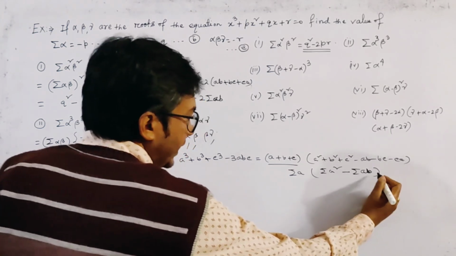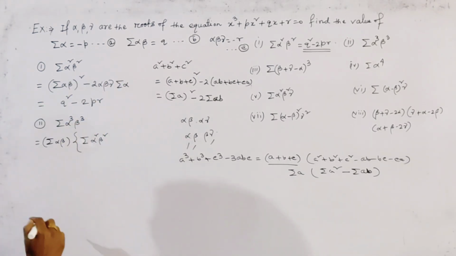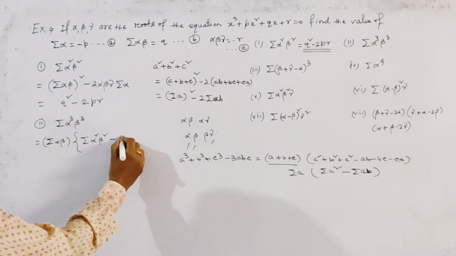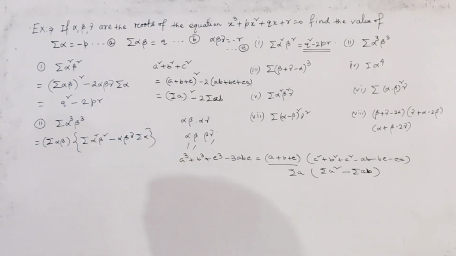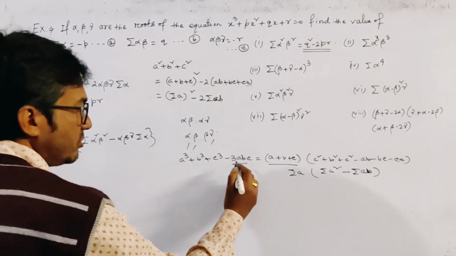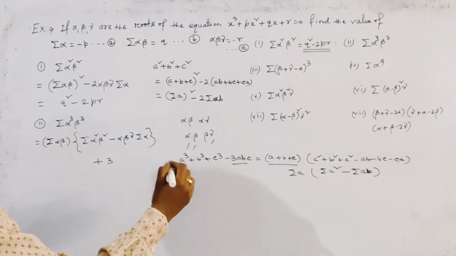As above, summation ab means alpha beta gamma into summation alpha, and on the right side we get plus 3abc.